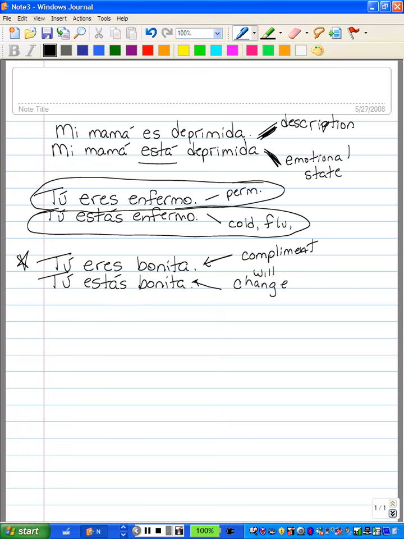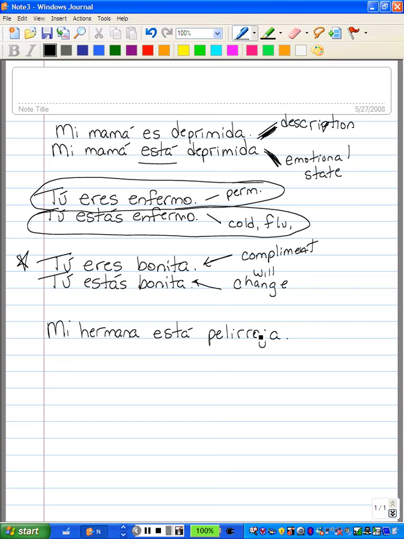Okay? You could say, let's say that your sister changes her hair color. Alright, you could say, mi hermana está pelirroja.